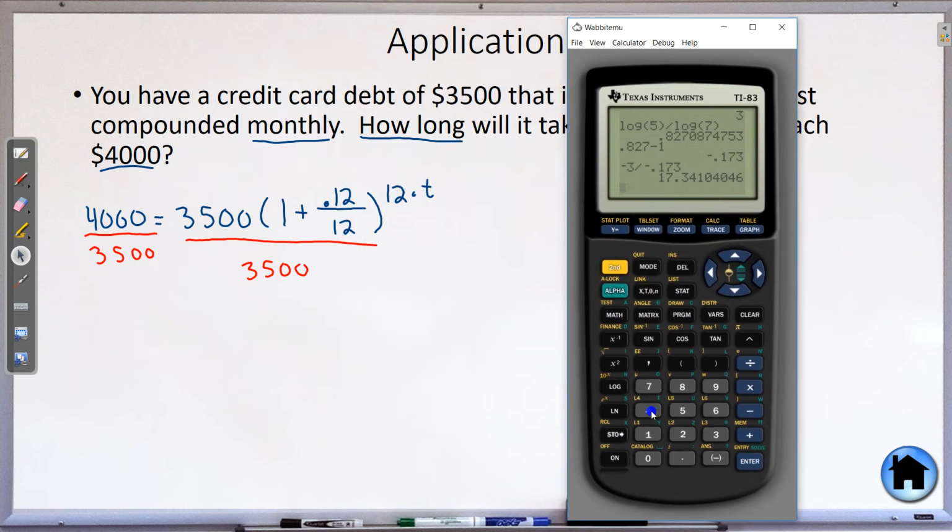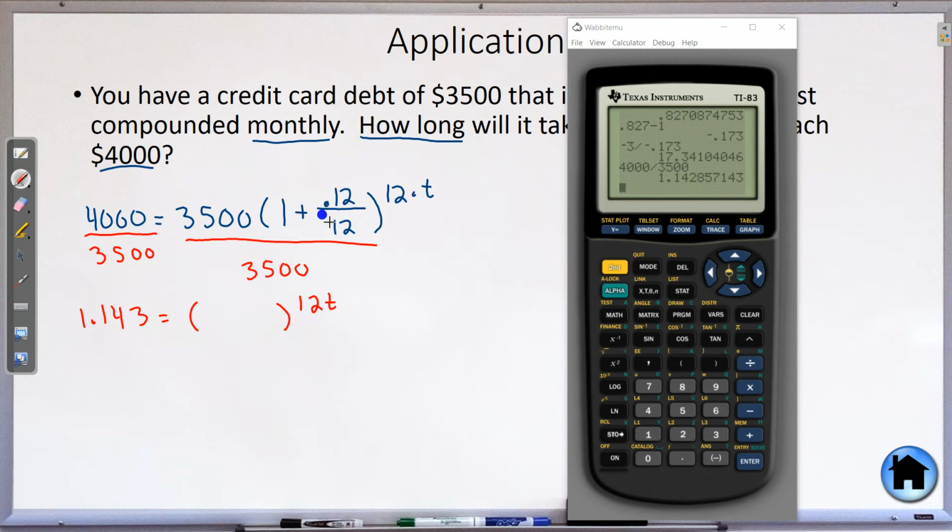So we've got 4,000 divided by 3,500. 1.143, let's say, is equal to, now what is left over? Now I'm noticing that inside the parentheses, we only have numbers. 1 plus 0.12 divided by 12.